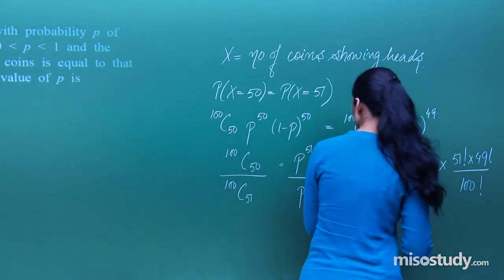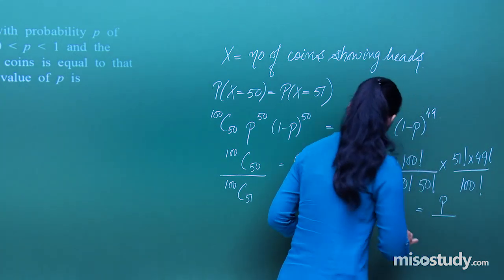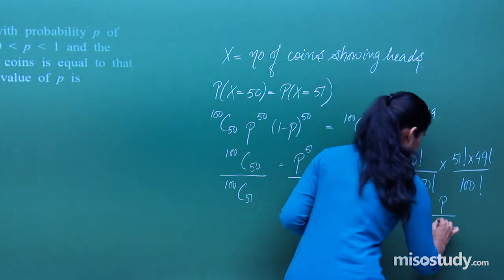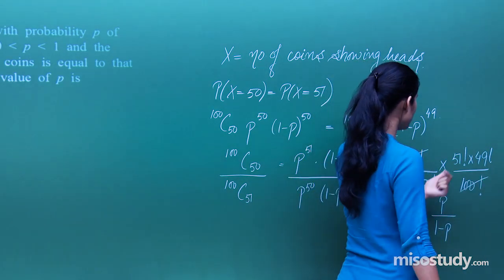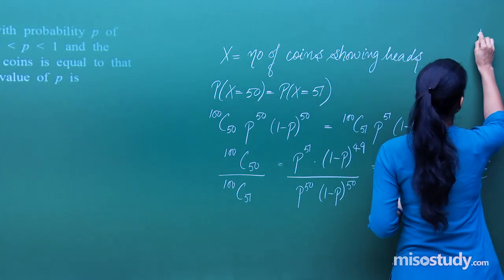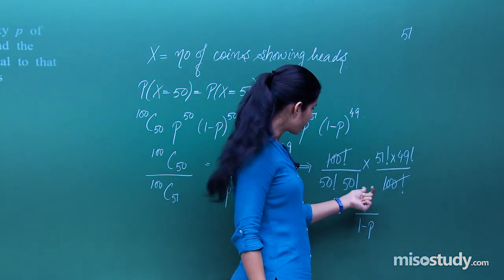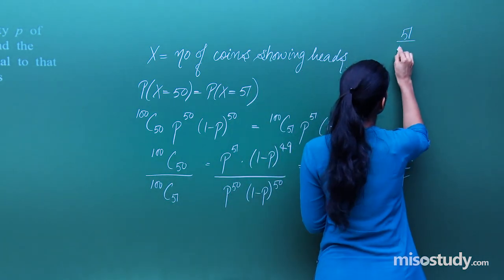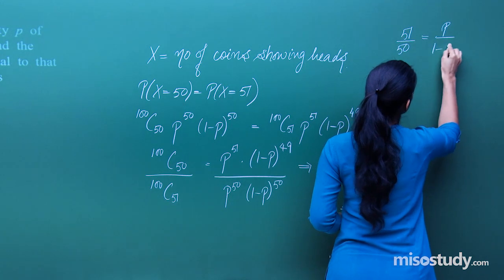This is coming out to be equal to p upon 1 minus p. So this becomes what? This gets cancelled out. You're left with 51 into 50 factorial, which gets cancelled. So you just have 51. Here you have 50 into 49 factorial, which gets cancelled. So you have 50. This is equal to p upon 1 minus p.